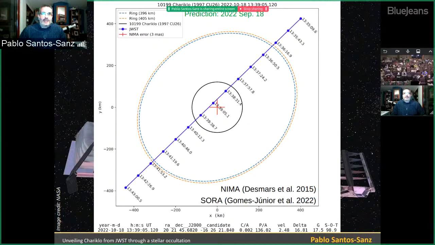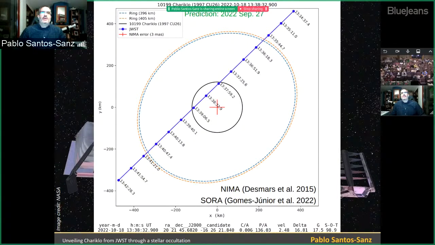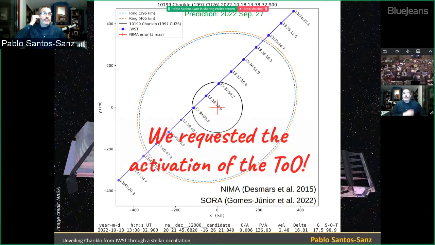Regarding September 18, there is only a slight change in the timing of the occultation, and this is for September 27. As we trust in this prediction, and the error in the ephemeris of the object is really small, around 3 milliseconds, we decided to activate the target of opportunity.